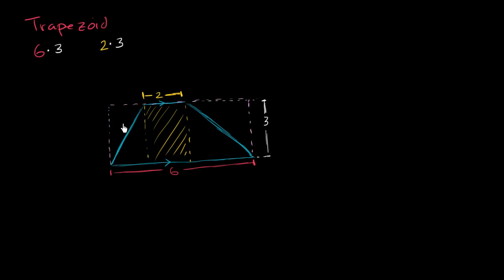Because when you look at the area difference between the two rectangles, and let me color that in, this is the area difference on the left-hand side, and this is the area difference on the right-hand side. If we focus on the trapezoid, you see that if we start with the yellow, the smaller rectangle, it reclaims half of the difference between the smaller rectangle and the larger one on the left-hand side.